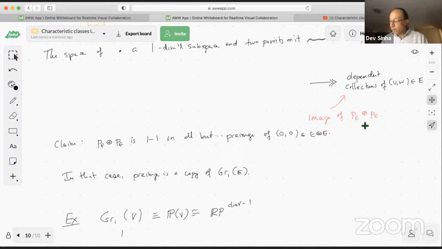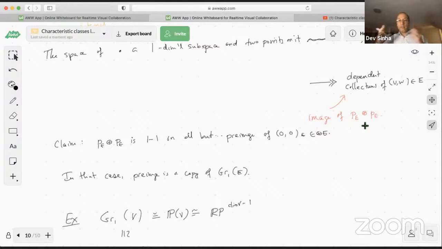And here's a little exercise: that's isomorphic to GR(n minus 1)V if V is rank n. And in general, GRK V, we can find a nice, beautiful homeomorphism between GRK and GR(n minus K).